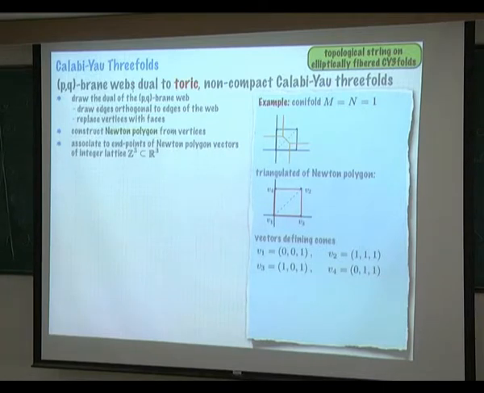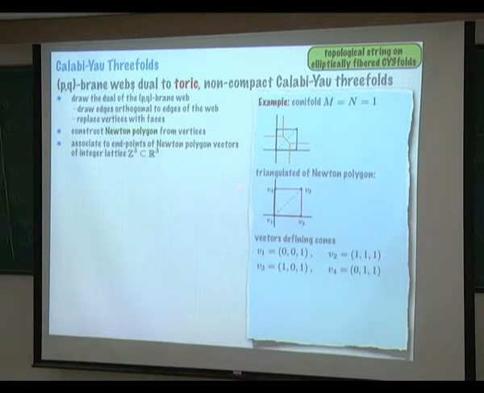The next step is to associate to each of the vertices of that Mutant Polygon vectors in an integer lattice, a Z3 lattice. So here I just take these two-dimensional vectors v1, v2, v3, v4, and just add a third component, which equals 1.